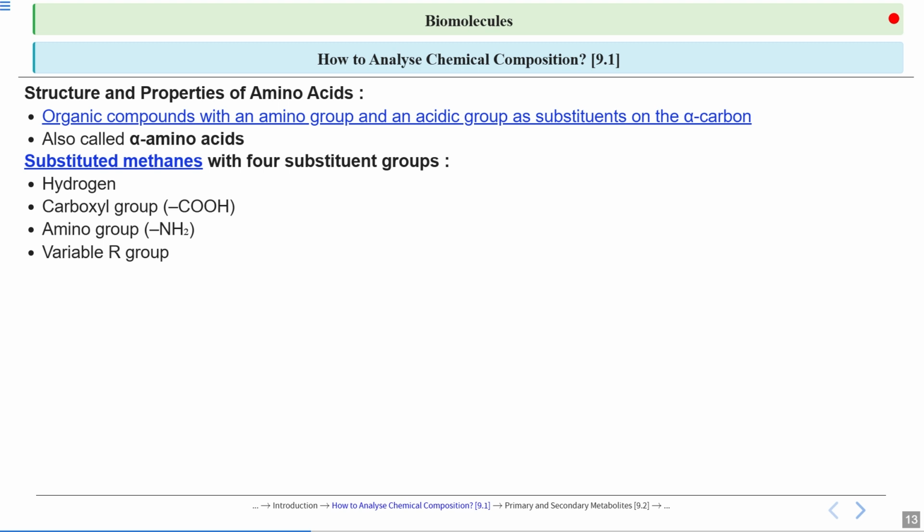That's why it is written as variable R group. So now you can see why it is called substituted methane. In the center, there is carbon, and then you have hydrogen on one side, carboxyl on the other side, then the amino group, and then the R group.